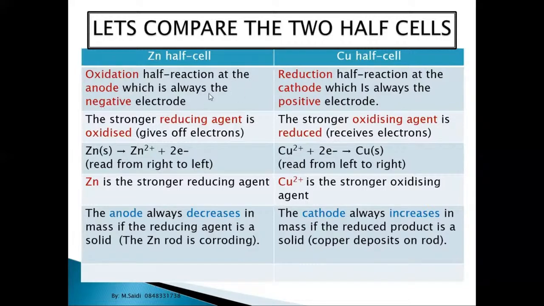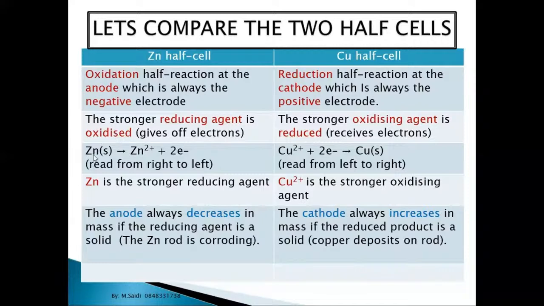We know that the anode is always a negative electrode. So oxidation occurs there. It means that zinc will ionize. When it ionizes, it increases in charge. Then obviously reduction will occur at the cathode, and it's always a positive electrode. This one is a reducing agent because it causes copper to be reduced, and itself it is oxidized.